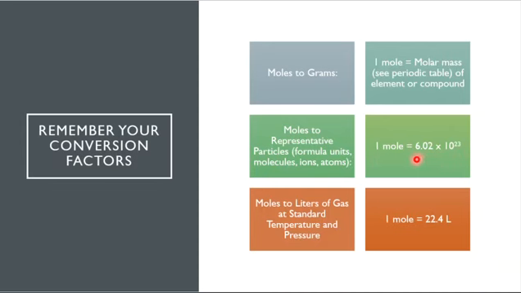We're going to just keep it rounded to the hundredths to make our lives a little simpler. Okay, and then finally, sometimes you might be asked to obtain liters of a gas at standard temperature and pressure. So you will often see that term abbreviated as STP. So just remember that 1 mole of any gas at standard temperature and pressure will always occupy 22.4 liters of space.